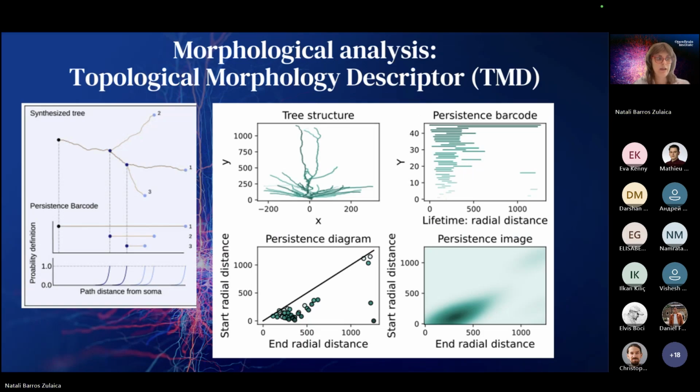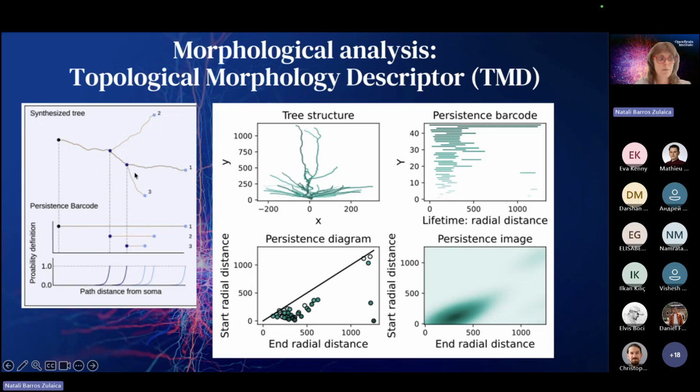So in a schematic way, to show you how this works: from a dendritic or axonal tree that you have here, it extracts a barcode. The barcode is based on the distance between the soma and the end point of the bifurcation of the tree.